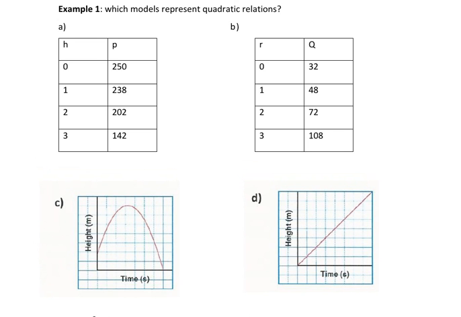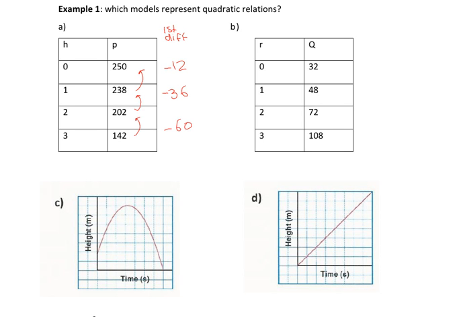So I'm going to start with the first difference. 238 minus 250, minus 12. 202 minus 238, minus 36. And then 142 minus 202, minus 60. So what can you tell me about the first difference? Is it constant? No. So it is not linear, right?